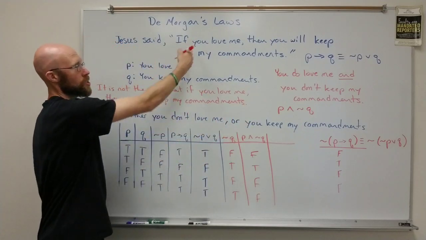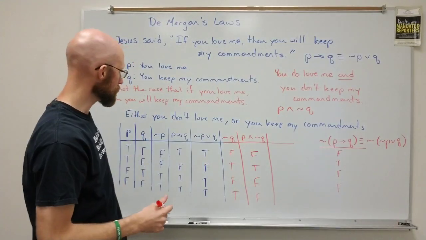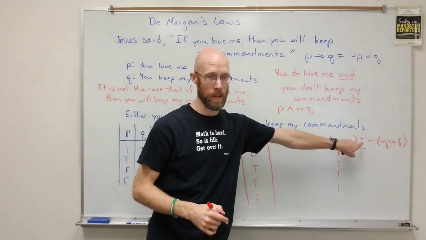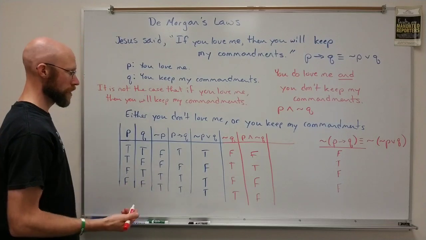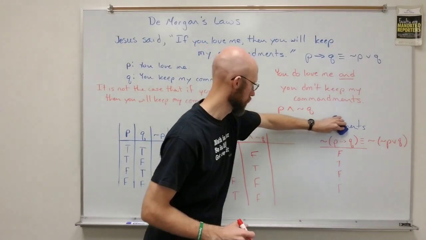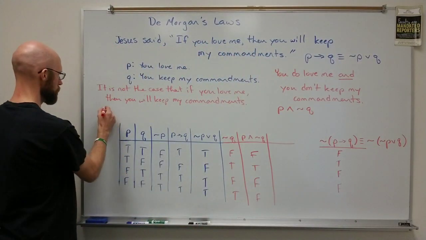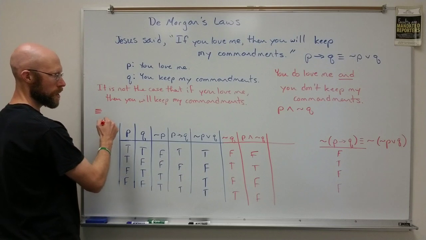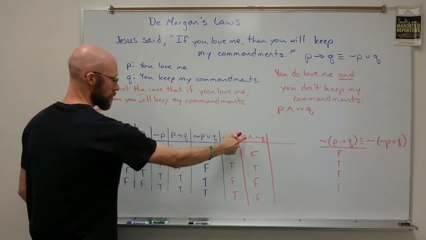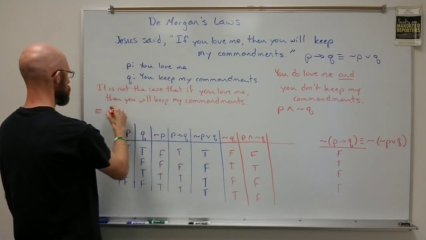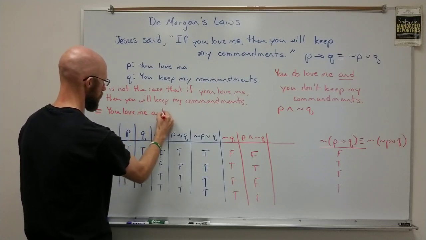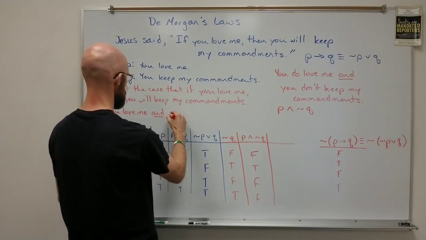That's the negation of the original statement. So that's this, not if P then Q. It's equivalent then, I'll get rid of my disjunction, I'm running out of space here, to saying either, or no, this is an and. So it's you love me and you don't keep my commandments.